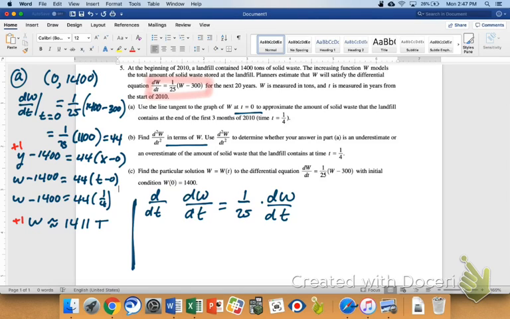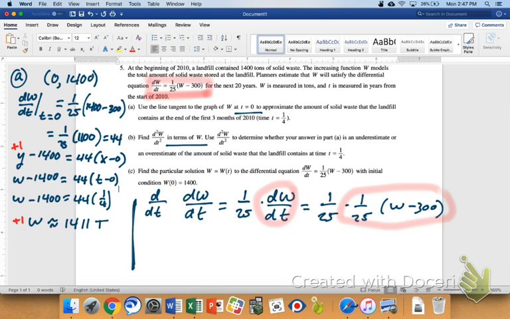We're using the chain rule. This is really similar to that last question, isn't it? It wanted this in terms of W, so you really have to go here: 1/25 times 1/25 times W minus 300, where I've substituted, similar to that last one, basically replacing this with this because of that. Does that make sense?